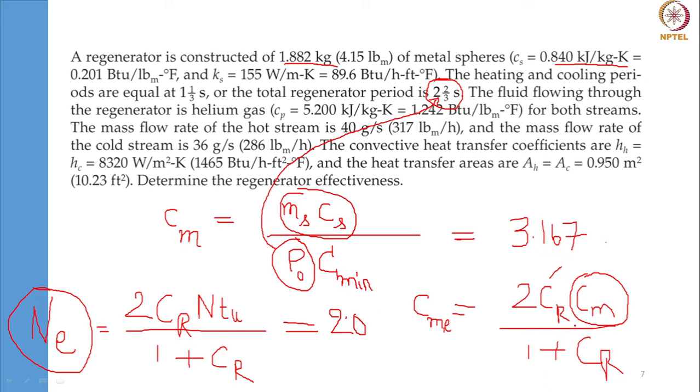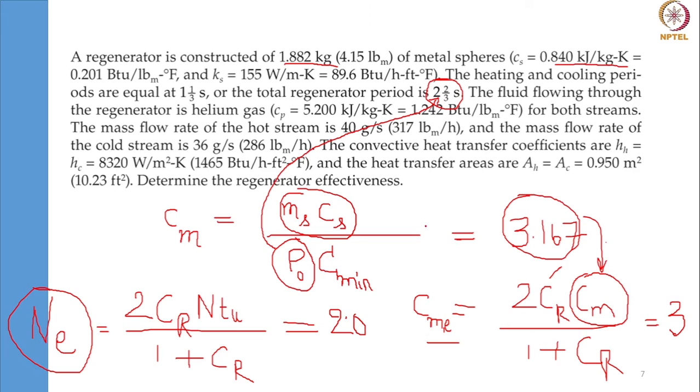CR is 0.9. It is coming around almost 3.003, so we will take it as 3. Yeah. Any other questions by any other participants? Okay. So we have 2 points with us, that is effective NTU and effective matrix heat capacity ratio.